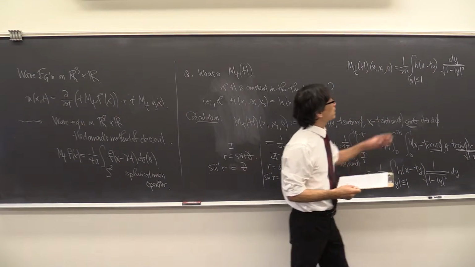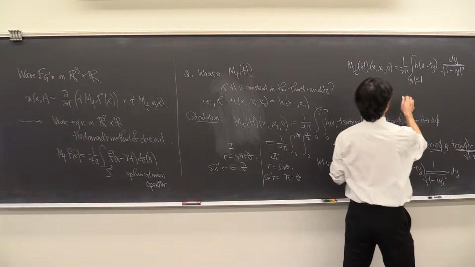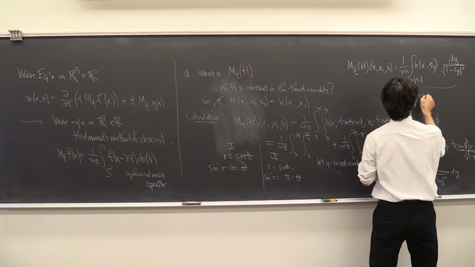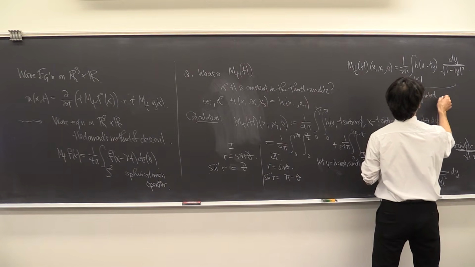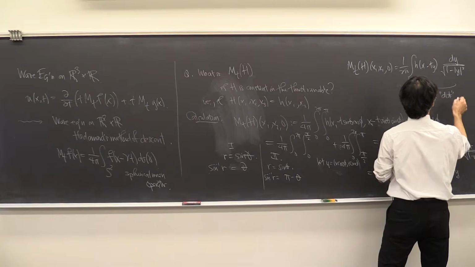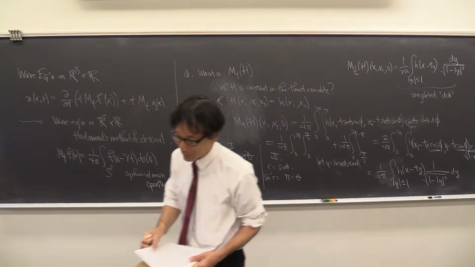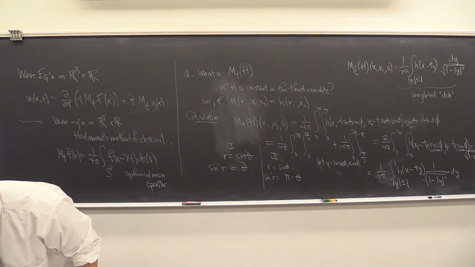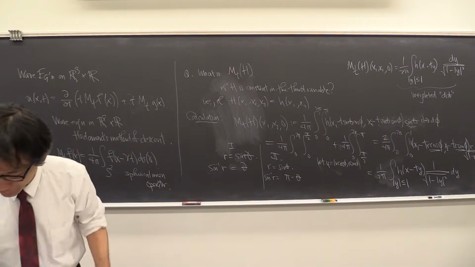Okay, so this is what we called last time the weighted disk mean. We didn't call it that, we called it something else. What did we call it? We called it the weighted average over the disk.